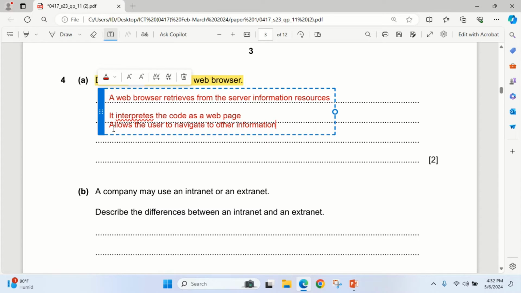Okay, good. Take note of that. This is interpret. Then any 2 points here will earn you the full mark.